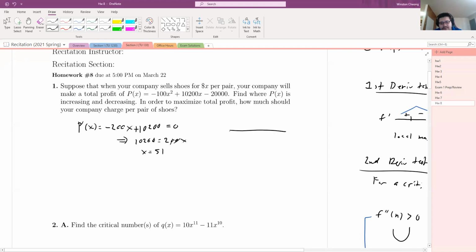Now when I draw a sign chart, a sign chart is a number line, but with some divisions in the number line. I usually label my sign chart with the function that I'm looking at. So this is the sign chart for p prime.